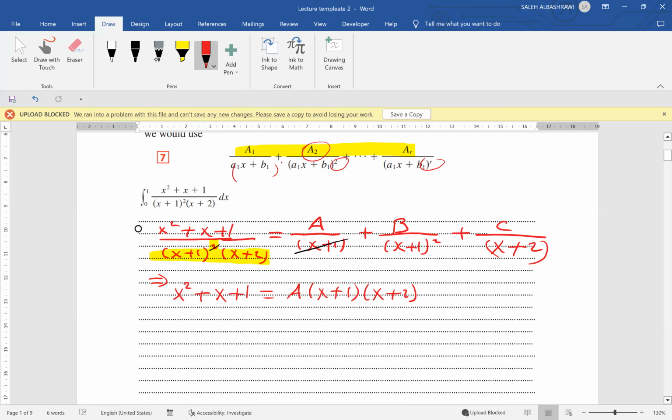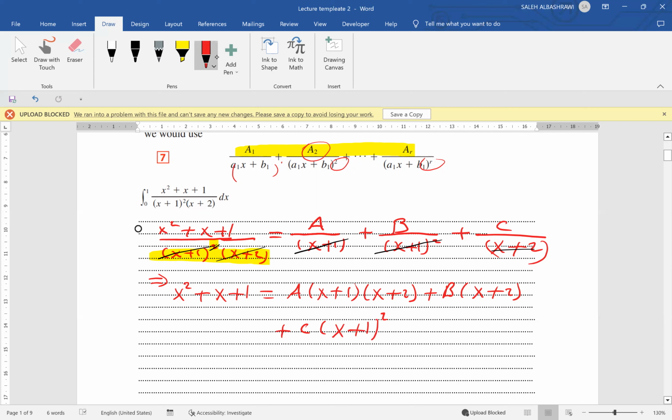For the second fraction, this will cancel the whole x plus 1 to the power 2, so it will be plus B multiplied by x plus 2. For the constant C, we cancel x plus 2 with x plus 2, so the remaining will be x plus 1 to power 2. This will be plus C multiplied by x plus 1 to power 2.